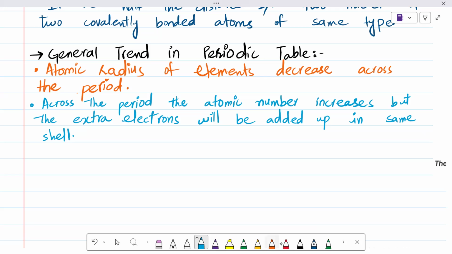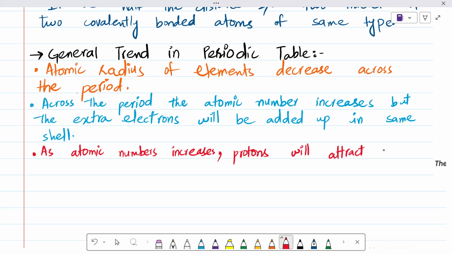As the atomic number increases, protons will attract electrons with more strength. Clear?